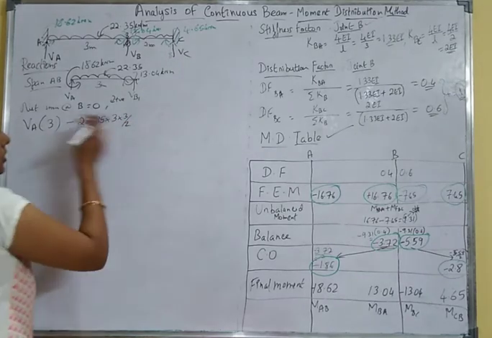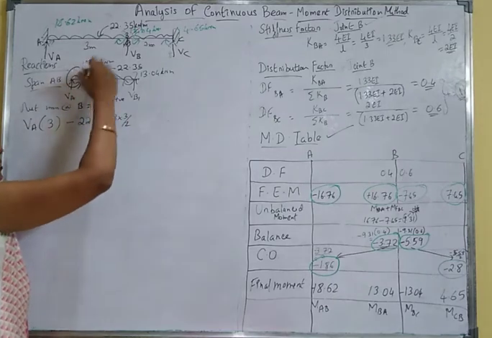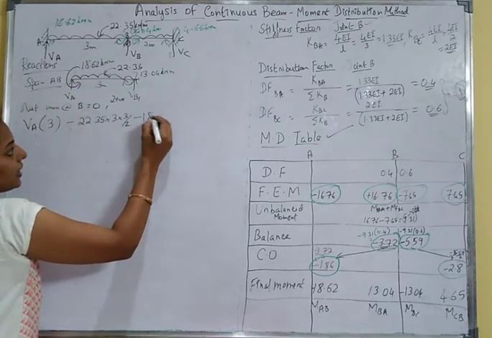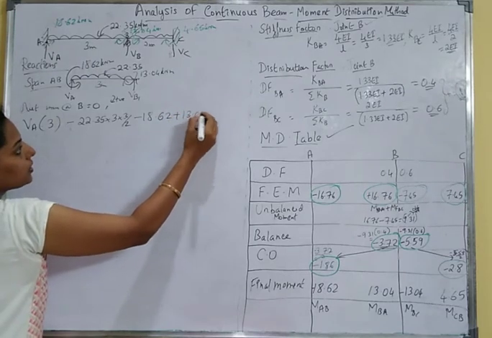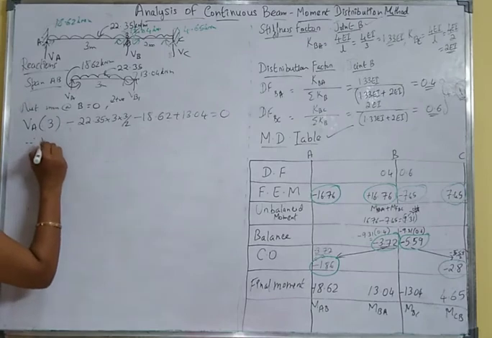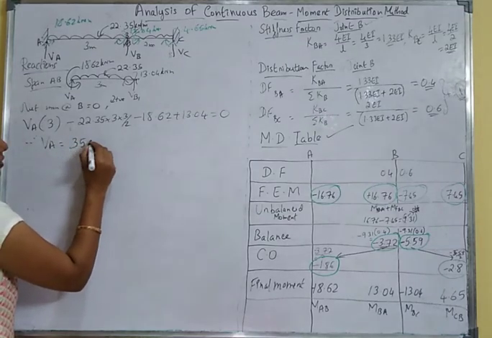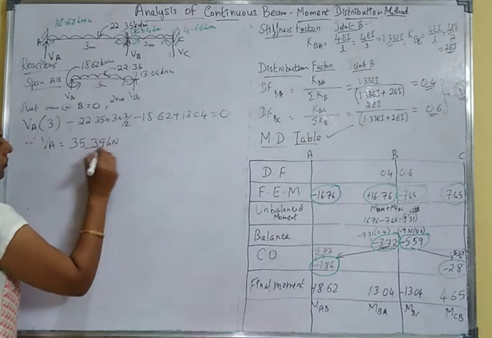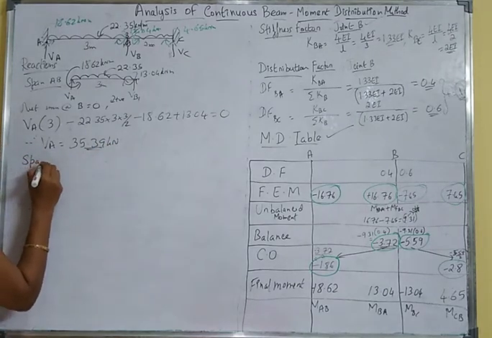Moment is force into distance. Then this is anti-clockwise, so minus 18.62, and this is clockwise, plus 13.04, which is equal to 0. Calculate, get the value of VA. VA is nothing but 35.39 kilonewton.